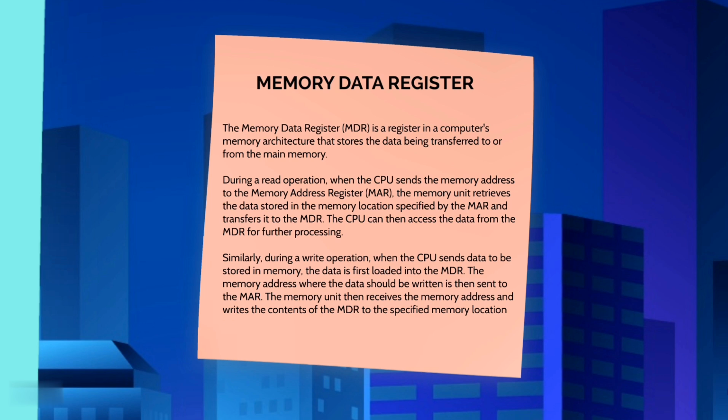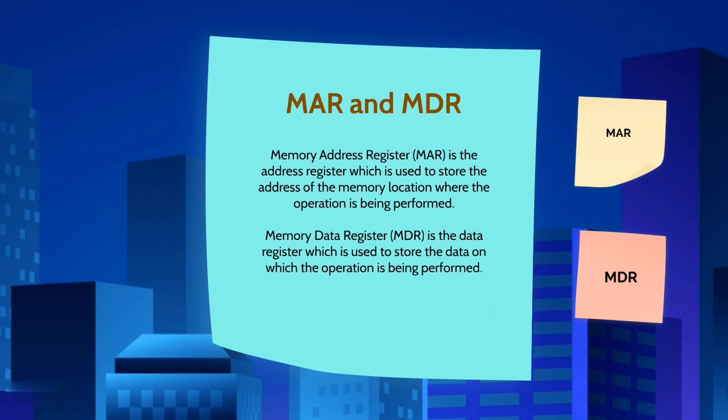The CPU can then access the data from the MDR for further processing. Similarly, during a write operation, when the CPU sends data to be stored in memory, the data is first loaded into the MDR. The memory address where the data should be written is then sent to the MAR. The memory unit then receives the memory address and writes the contents of the MDR to the specified memory location. This is all about the memory data register.